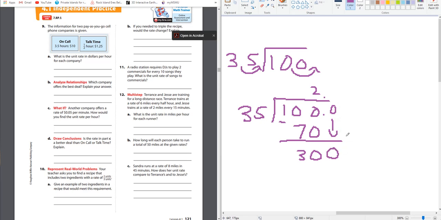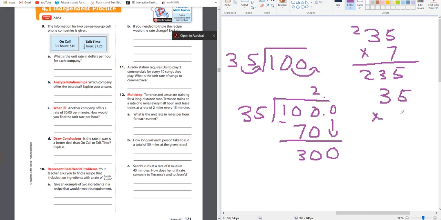35 goes into 300. 35 times 7. Okay, we can go a little higher. 35 times 8.